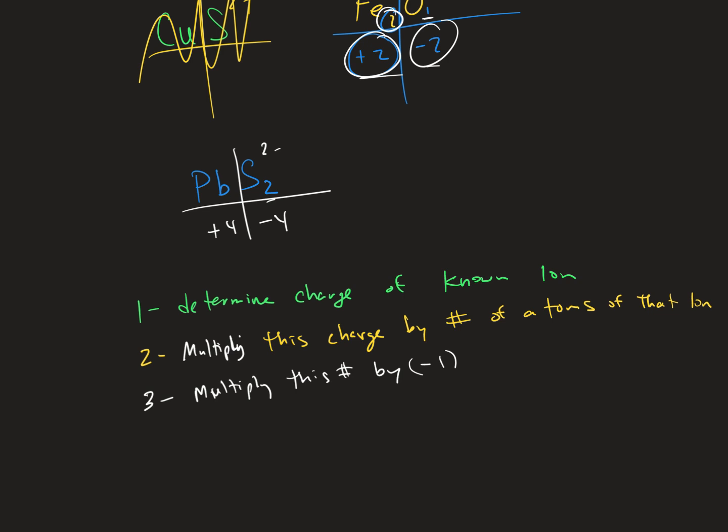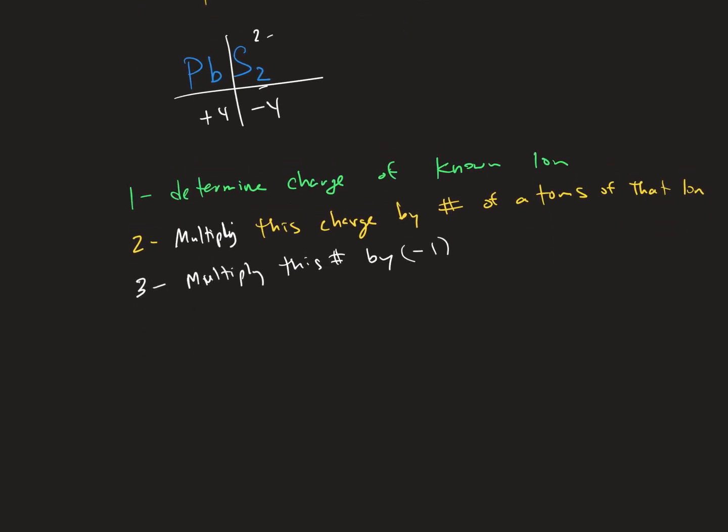So you could do this either way. But if you have a compound with an anion and a transition metal, the anion is always known. We should know it. We're going to be talking about polyatomic ions, and if you don't memorize them all, you won't know it. I'm just saying.